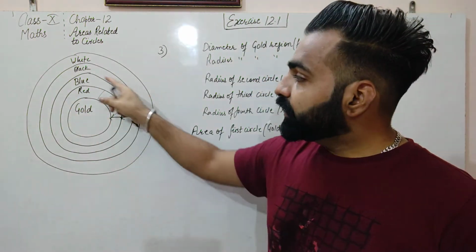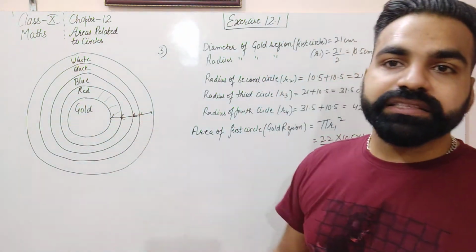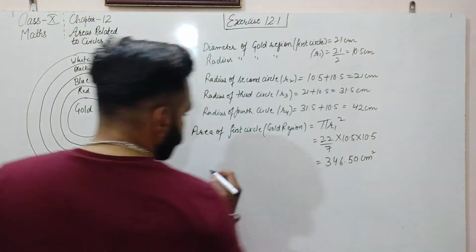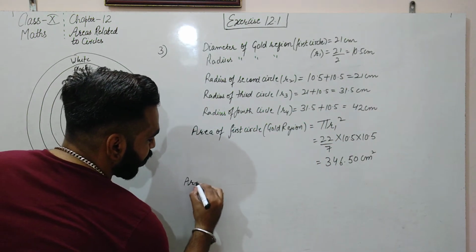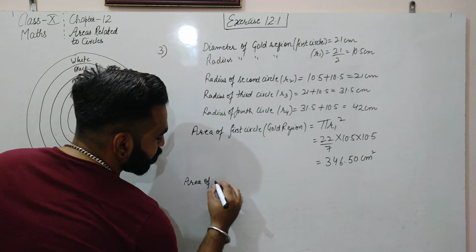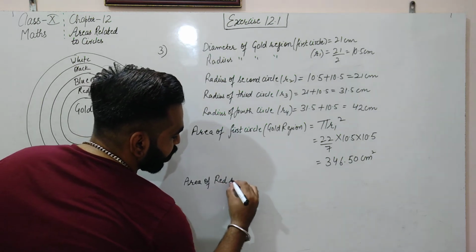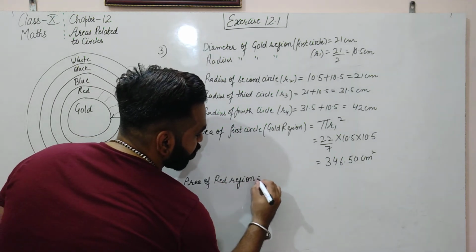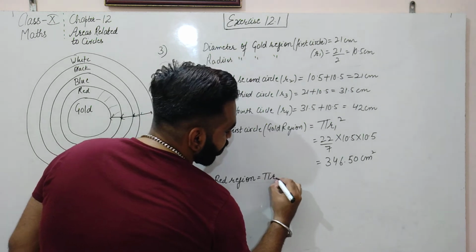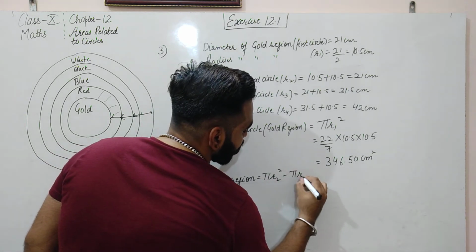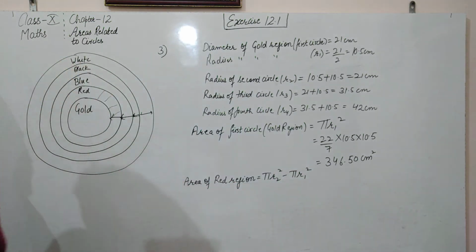That means area of the second circle minus area of the first circle. So we will write area of red portion or area of red region. So this will be equal to pi r2 square minus pi r1 square.